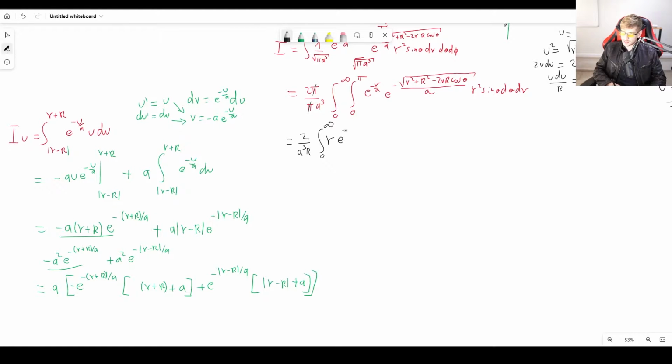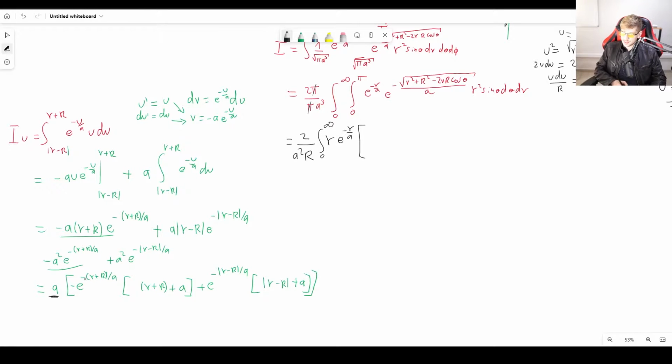So r e to the minus r over a. So that still remains. And now I just plug in all of this. But notice that this a here, well, that will cancel out with the a's that are in front. So instead of having a cubed, oh, I'll just rewrite it. We will now have a squared r.